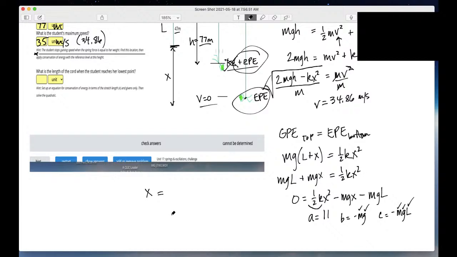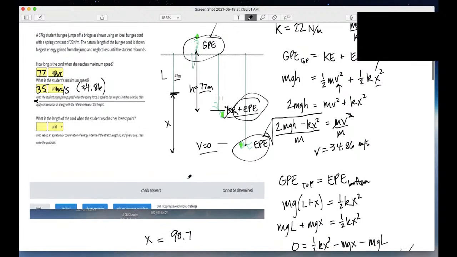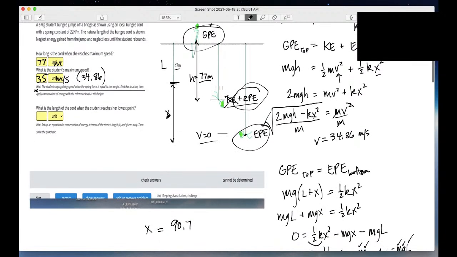And then you get a stretch of 90.7. So X is equal to 90.7. That's what we solve for the quadratic. And then don't forget to add the original length, because X is just the stretch part. Then we have to add the 47 back.